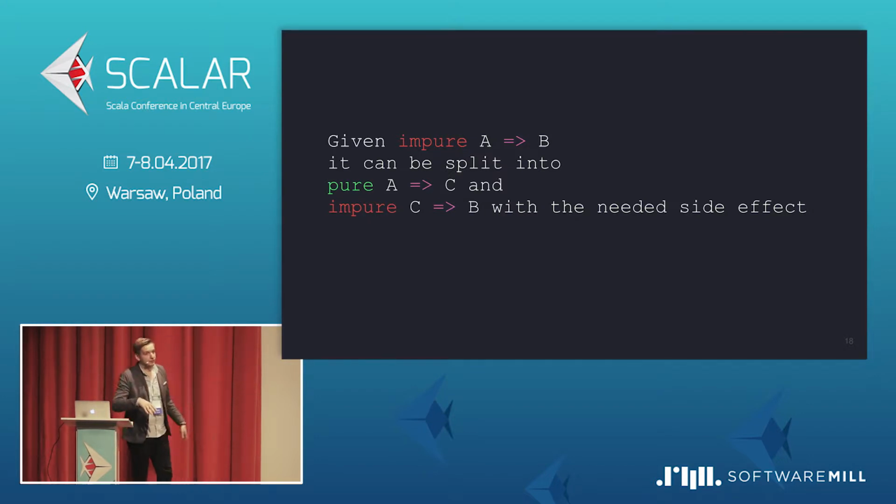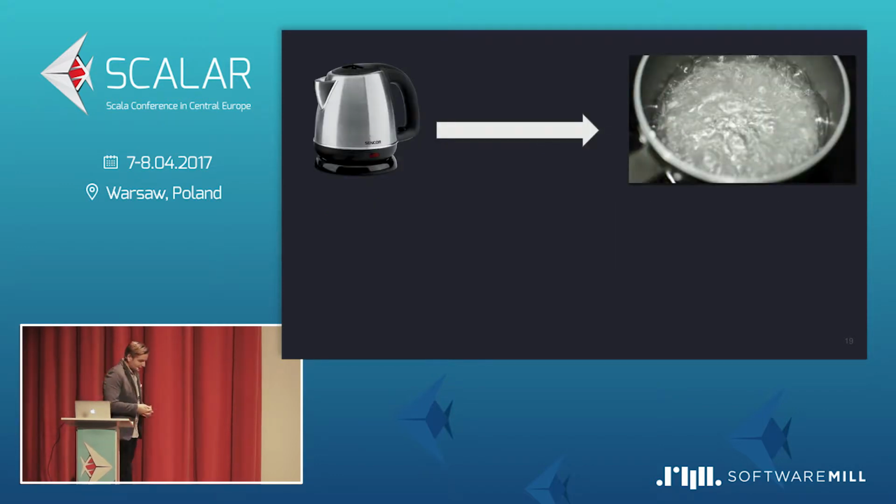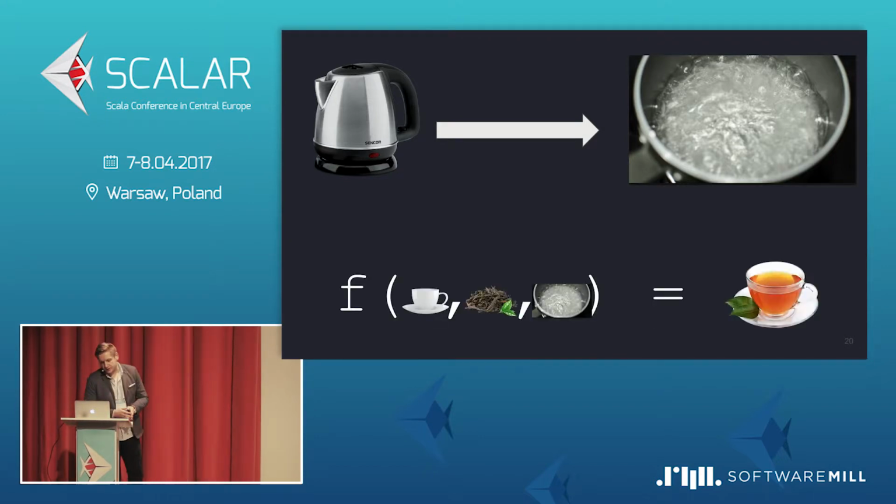One that does the side effecting thing that you need, and one that is not side effecting and only has the needed transformations. So how would we do that? Actually, we're not interested in the kettle, we're interested in boiling water, right? So we would just change the signature of this function to something like this.